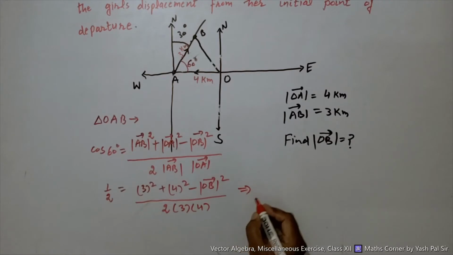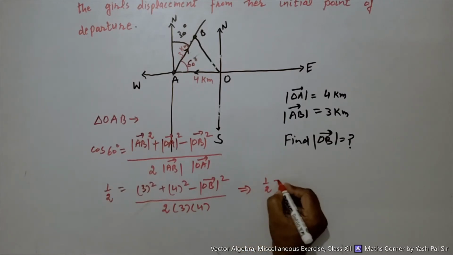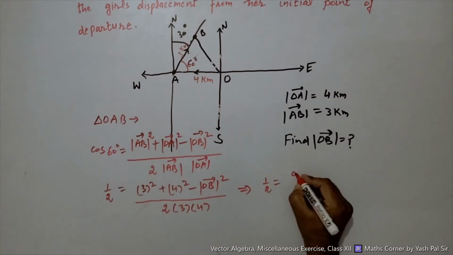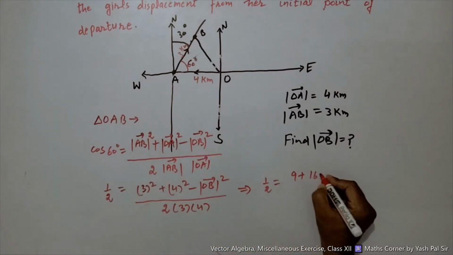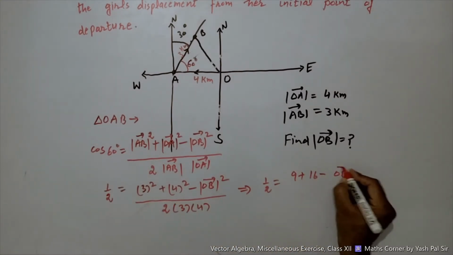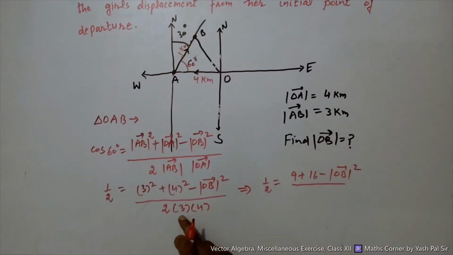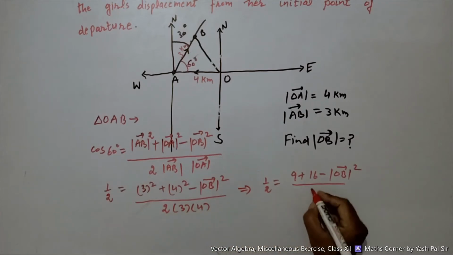So this way we can say 1 upon 2 is equal to 9 plus 16 minus OB magnitude whole square, divided by 4 into 3 is 12, 12 into 2 is 24.